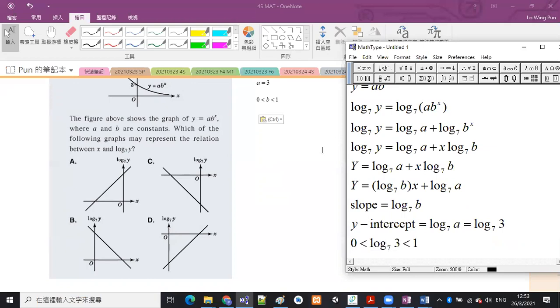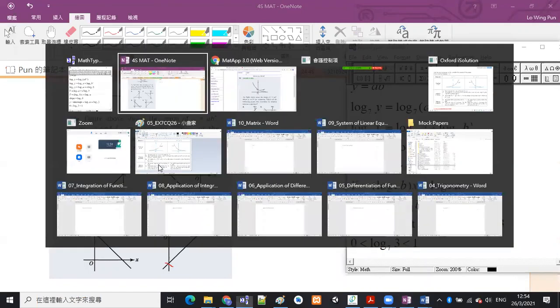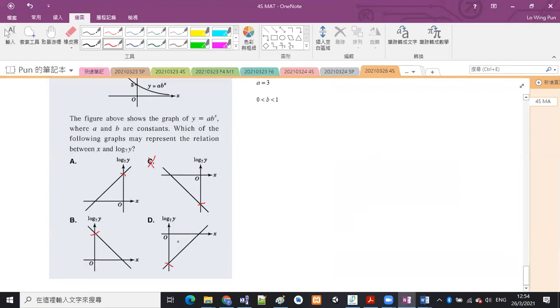OK，咁即係正數嚟嘅，係嘛？個 y-intercept 大過0，which means that option C, the y-intercept is here, here, here, and here. In option C, the y-intercept is negative, so it should be deleted. In option D, the y-intercept is also negative, so it should not be option D.